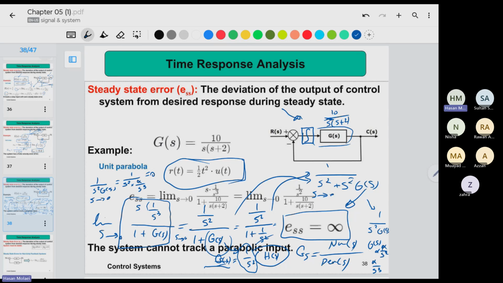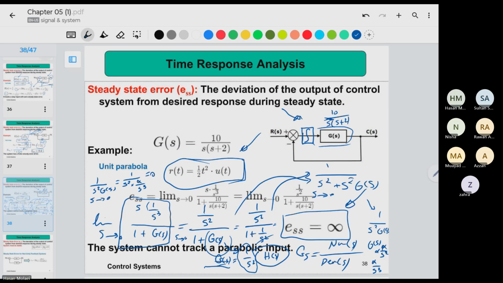It's very important here because, in fact, to reduce or minimize the error or make it go to 0, one way is to add an integrator, depending on the type of the signal you apply.